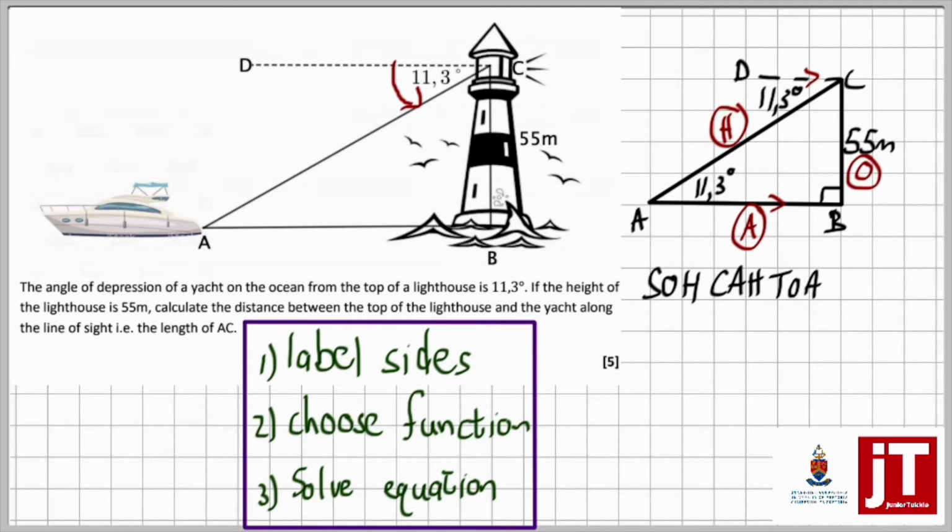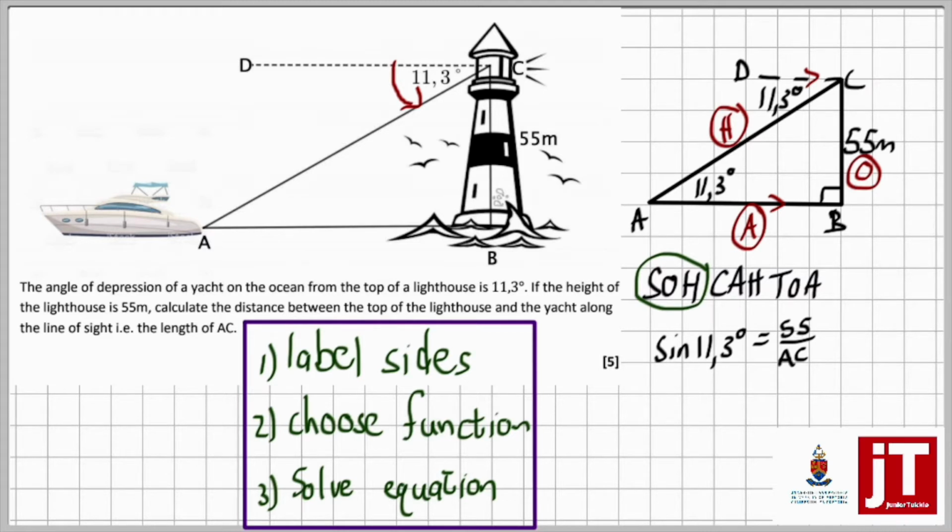SOHCAHTOA shows me that working with opposite and hypotenuse, I want sine of 11,3 degrees because those are the sides that I'm working with, the opposite and the hypotenuse.